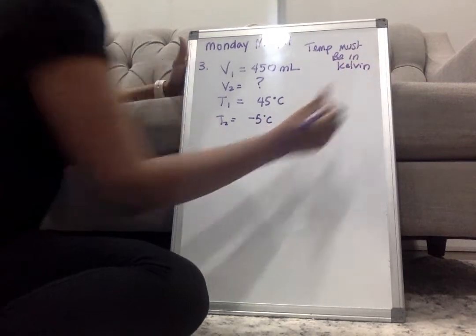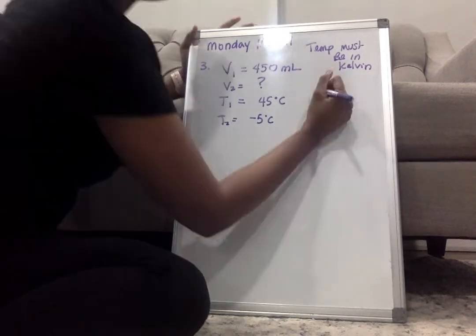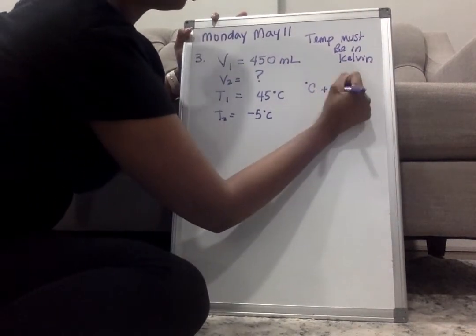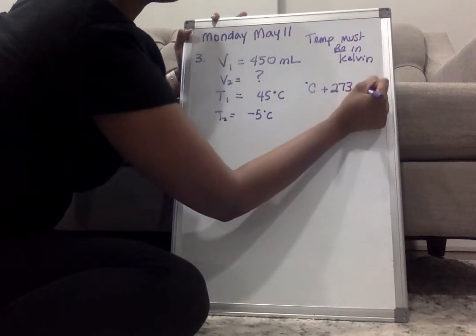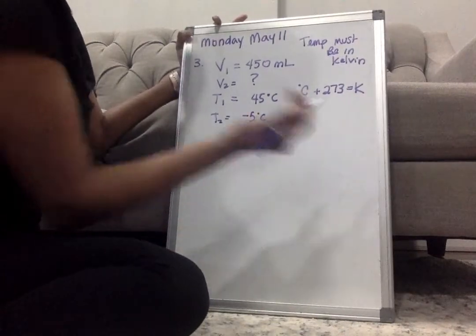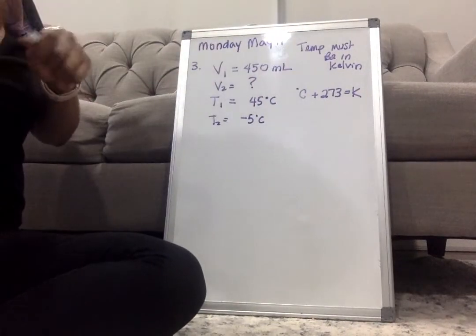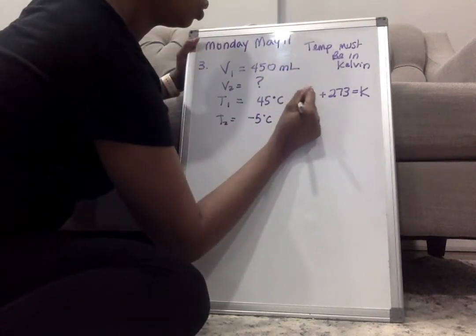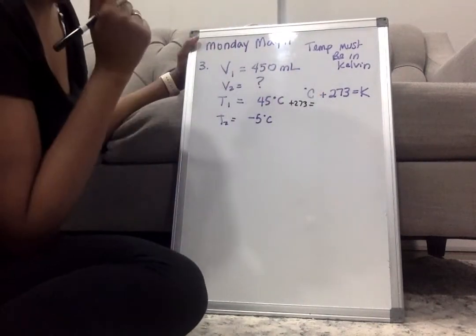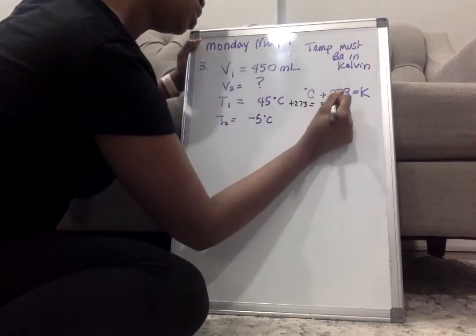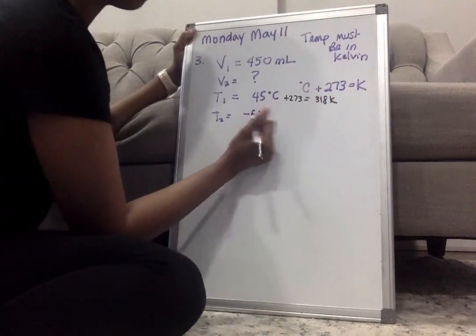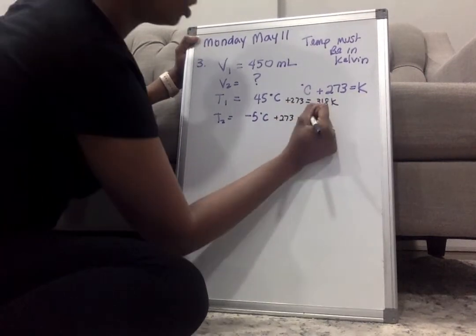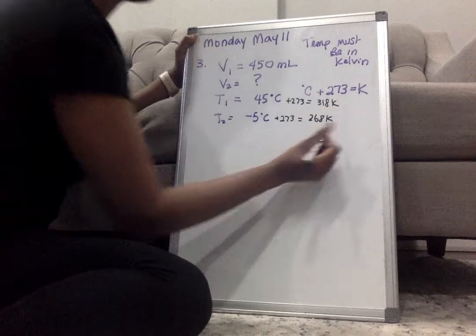And in order to convert Celsius to Kelvin, we take the Celsius degree, we add 273, and that's how we're going to get Kelvin. So, let me try a different color. So 45 plus 273 equals 318 Kelvin, and then -5 plus 273, that's going to equal 268 Kelvin, right?